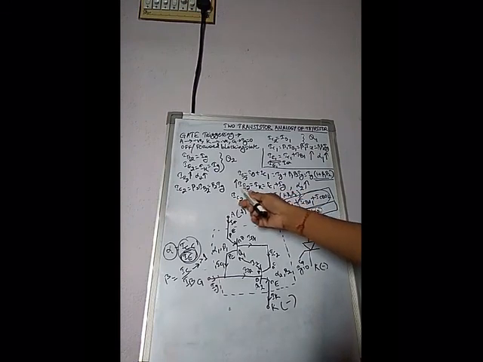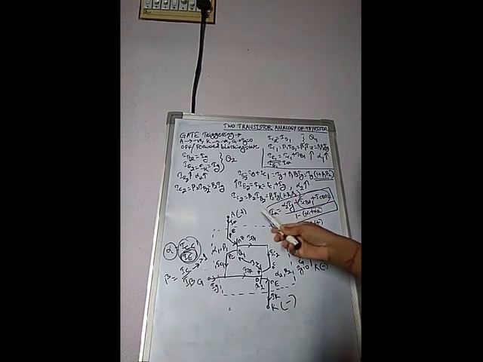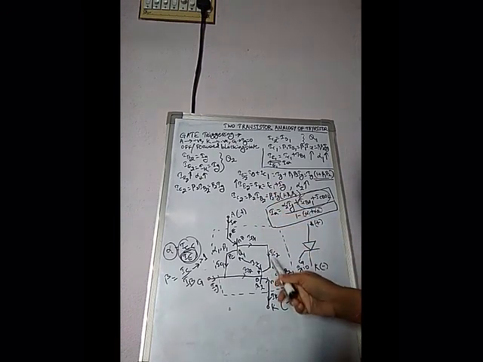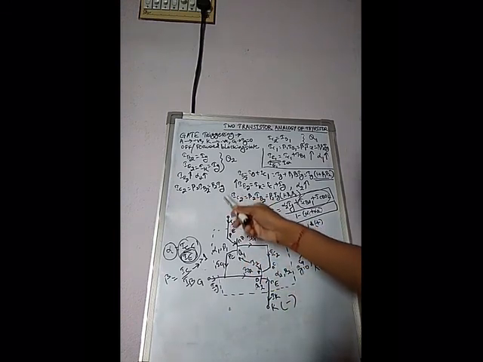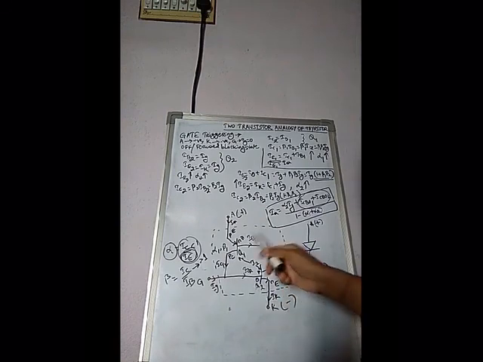So after the rise in emitter current, there is a rise in alpha 2, then a rise in IC2. This amplified current IC2 is equal to the base current of Q1. The rise in IC2 means the amplified collector current of Q2 acts as the base current for Q1.